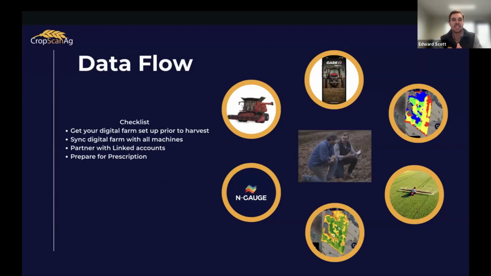And we found that too, even with the CropScan data, that we're getting some really good information still stuck there on the combine. But now, the whole evolution of the digital farm and managing all of that information has been a key step in trying to make this all simpler.